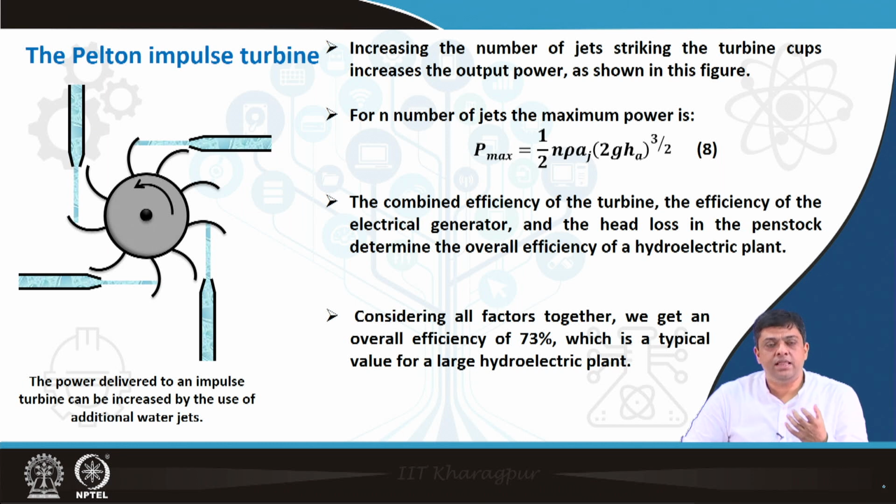What were we seeing in the previous example? We were seeing that the Pelton impulse turbine was such that there was one nozzle hitting the cups of these turbines.